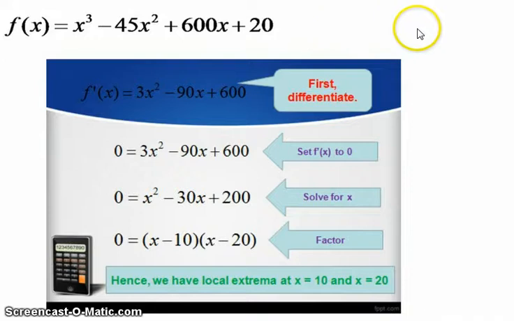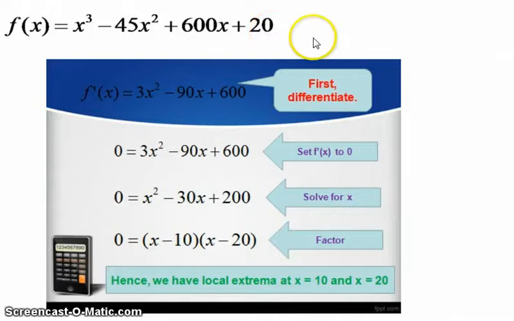From x cubed you get 3x squared, and from negative 45x squared it will become negative 90x, plus 600x. The first derivative of that one is 600, and you don't have to write the constant 20 anymore because one of the laws of differentiating is that if you have a constant it becomes 0.